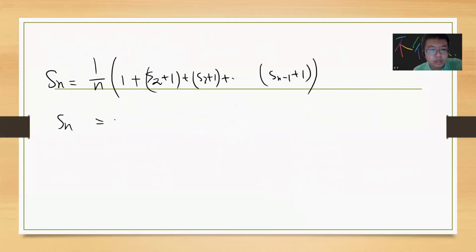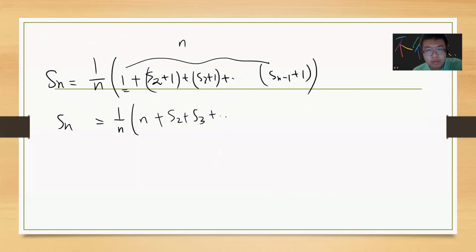You can see that there are 1, 1, 1, 1, so you have n ones. So you get n plus S2 plus S3 up to Sn minus 1. So n Sn equals n plus S2 plus S3 up to Sn minus 1.